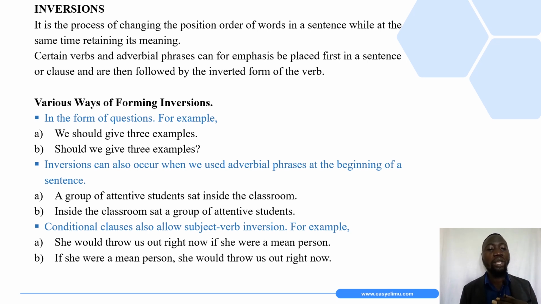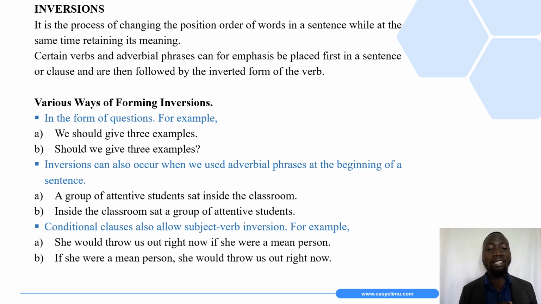We have a way of doing inversions in the form of questions. For example, if we are given the sentence, we should give three examples, and we are instructed to invert or change the position of words in that sentence, then we will have, should we give three examples.